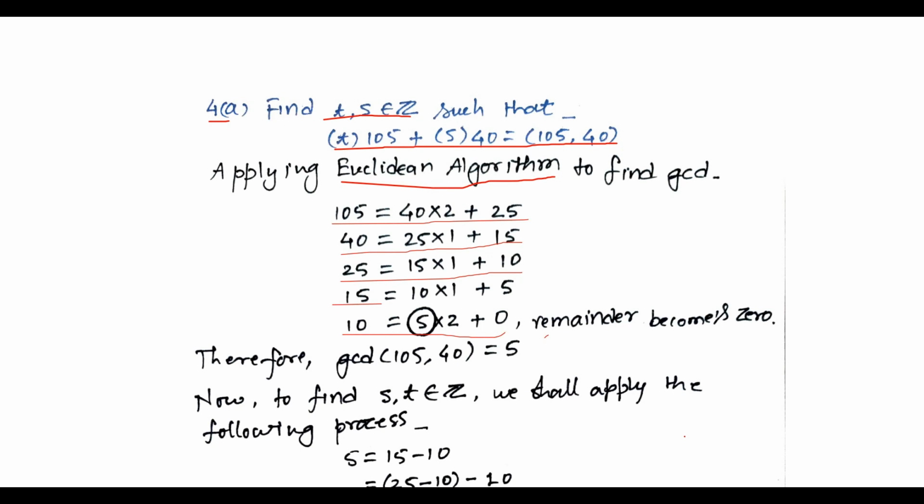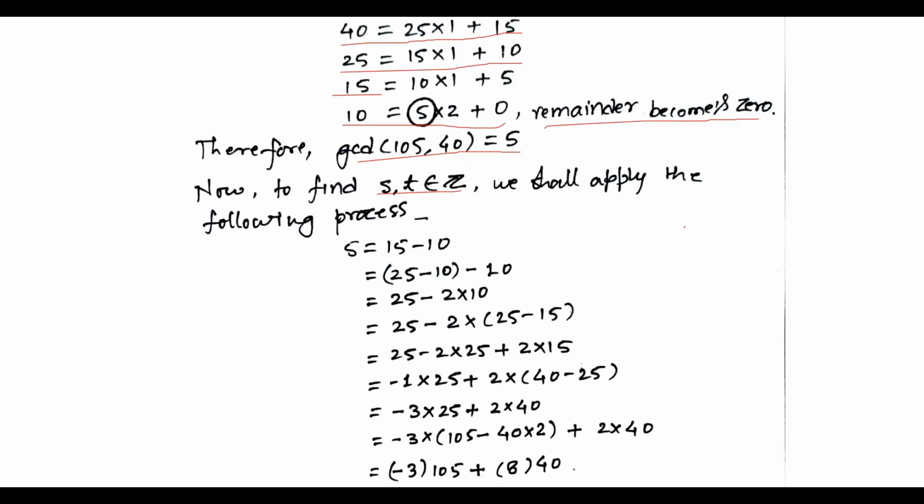Now apply the following process to find s and t. 5 is equal to 15 minus 10, is equal to 25 minus 10 minus 10, is equal to 25 minus 2 into 10, is equal to 25 minus 2 into (25 minus 15), is equal to minus 1 into 25 plus 2 into 40 minus 25, is equal to minus 3 into (105 minus 40 into 2) plus 2 into 40, is equal to minus 3 times 105 plus 8 times 40.